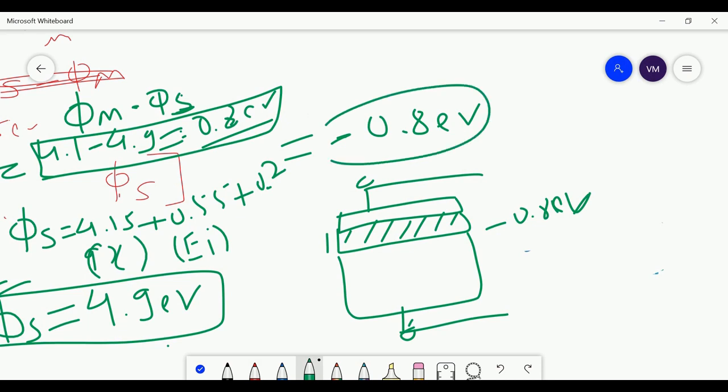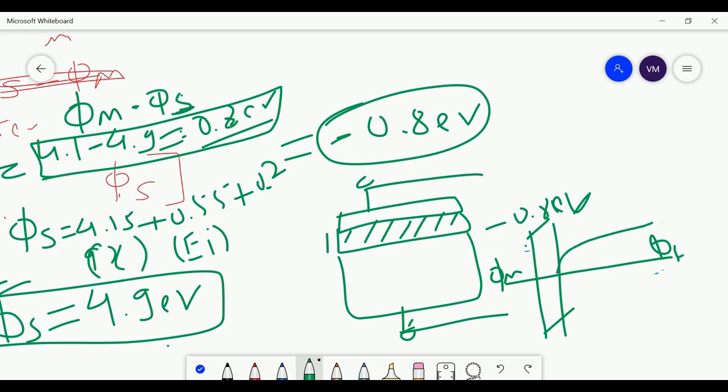This is the potential which was responsible for band bending, which we have seen in the last class. This was the Fermi potential of the metal gate, and this was the Fermi potential of silicon. Now the bands were bending something like this.